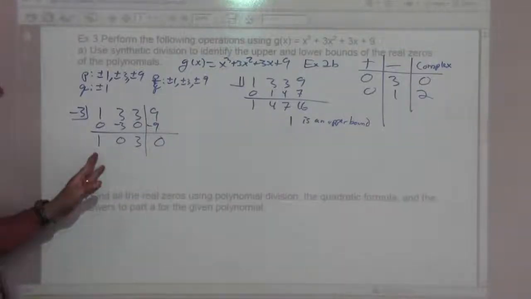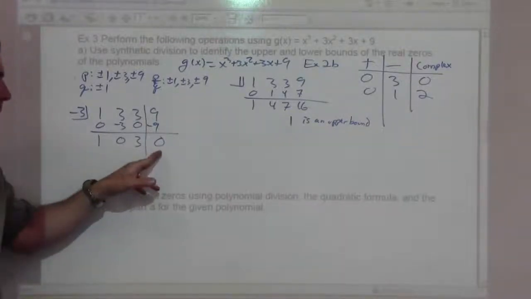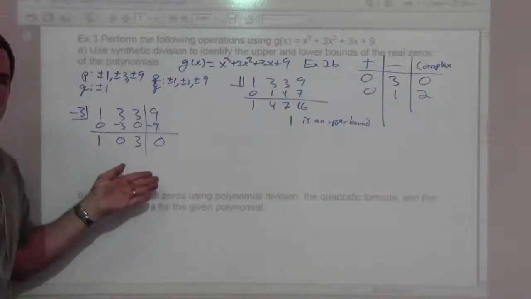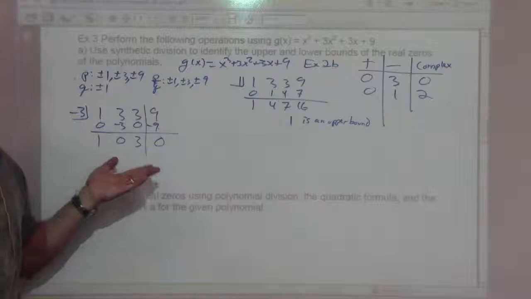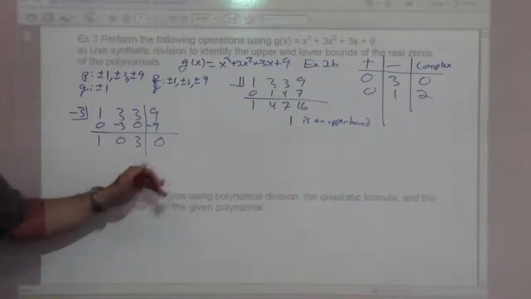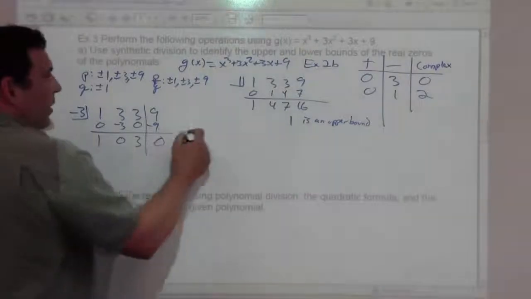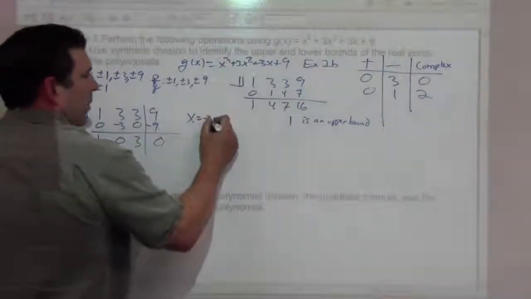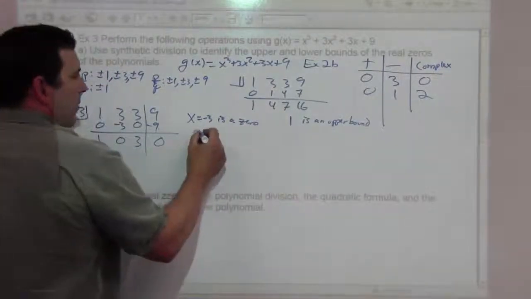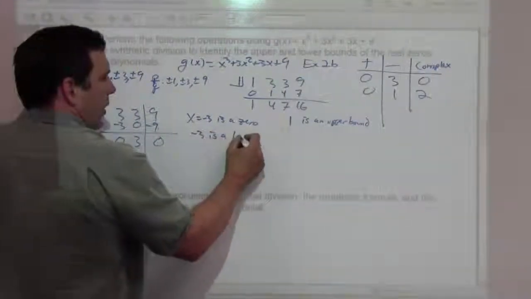So it goes from positive to not positive to positive, not positive. That would make this a lower bound because 0 can count as a positive or negative, whatever we need it to be. So first of all, x equals negative 3 is a 0, and negative 3 is a lower bound.